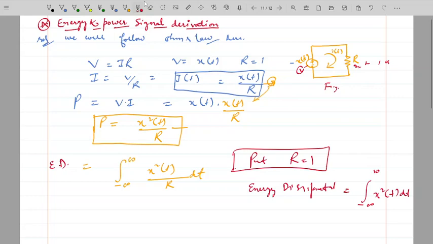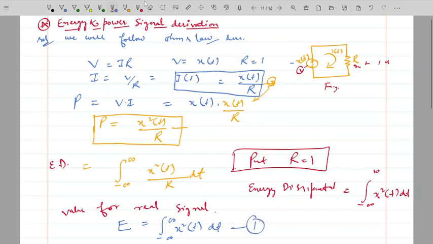For the real signal, the energy will be equal to the integral from minus infinity to infinity of x square of t dt. We consider this as equation 1.